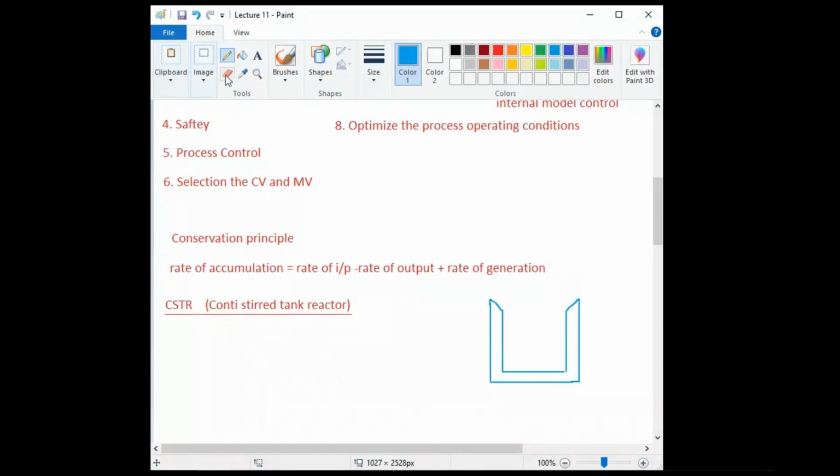And because this is a continuous stirred tank reactor, there will be a stirrer also in the tank.